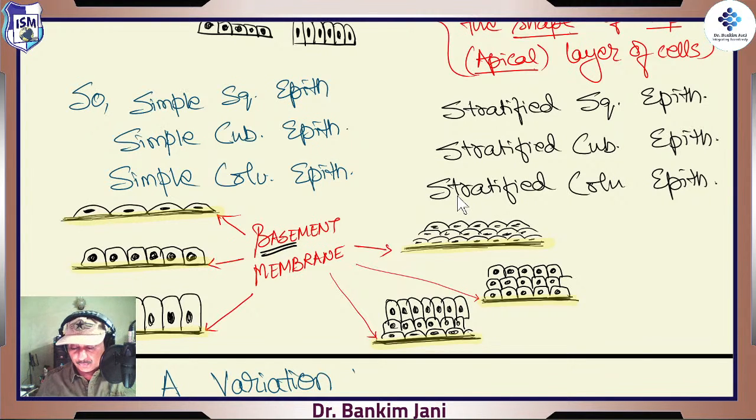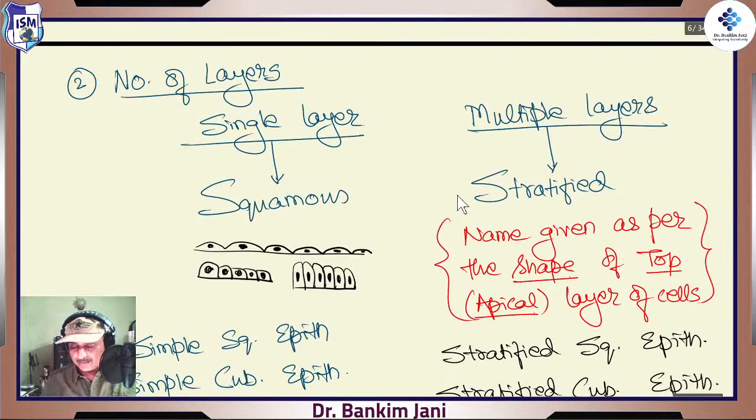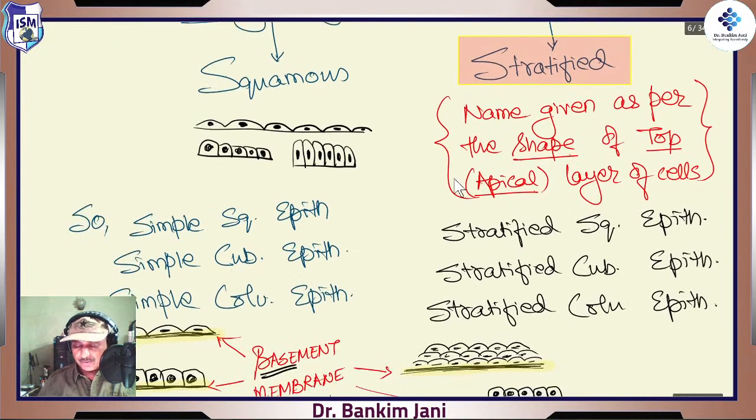Now when there are more layers, these are multiple layers. So multiple layers means we give them a new name. This name, remember, is why I'm marking it specifically. This name is stratified. Stratified means thrown into layers, right? The name is given as per the shape of the top layer of cells.